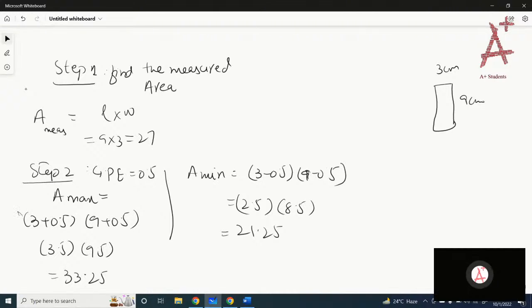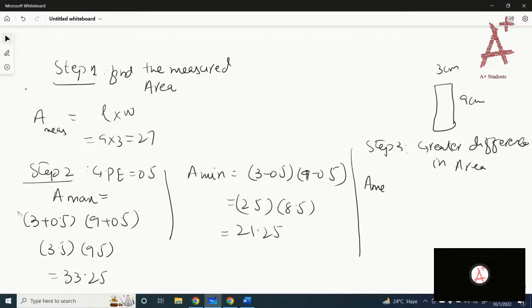Okay, now step 3 is we have to find the greater difference in area. So you have to take the measured area minus the minimum area, and the maximum area minus the measured one.